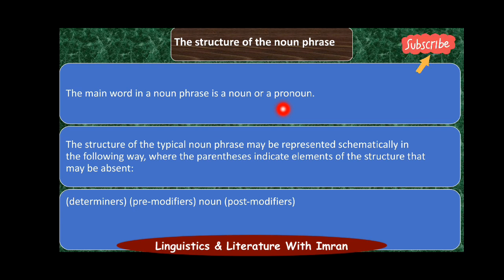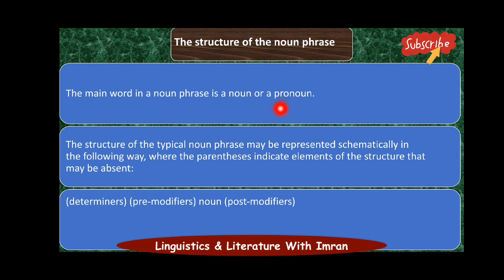A student is also a noun phrase. Many students is also a noun phrase. She is also a noun phrase. So she, he, they, it are all noun phrases, and students, teachers, chairs, tables are also noun phrases, right?